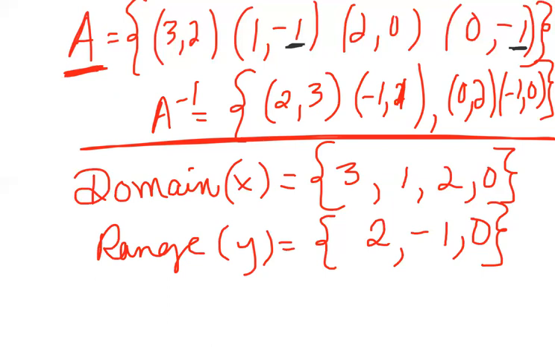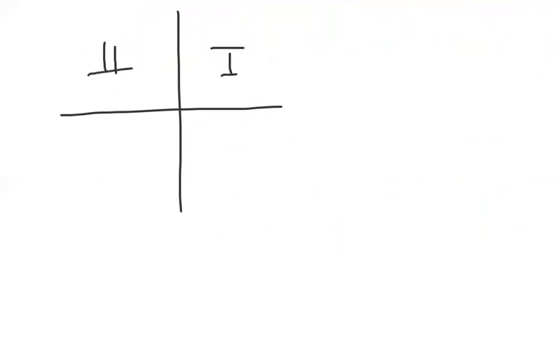Now, before we move on to the next part of this, guys, let me just say this. When we talk about the XY plane, the coordinate plane, this is your XY plane here. This is your vertical axis, the y-axis. Your horizontal axis is the x-axis.